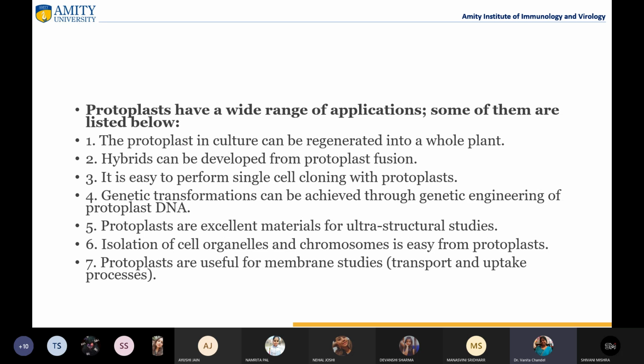It is easy to perform single cell cloning with the protoplast. Then genetic transformation can be achieved through genetic engineering of the protoplast DNA. Then again, these are excellent material for ultrastructure studies also. And isolation of cell organelles and chromosomes is also easy from the protoplast. They are also useful in studies of membrane transport and uptake processes.